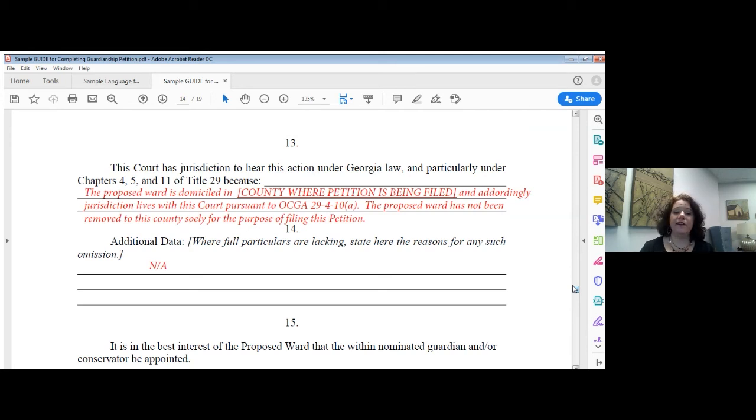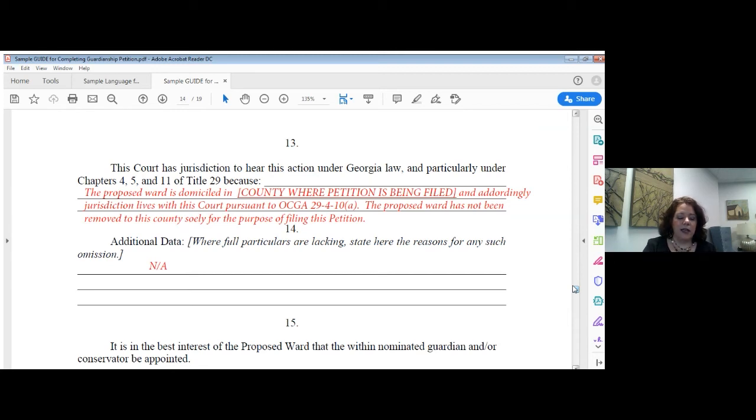Section 14, if there's any additional data that is lacking, then you can just put that information there. I would say probably the most common thing that I list there is, because you notice back when we were talking about who had to be notified, their biological parents do have to be notified. If there is an absentee biological parent, that's probably the most common thing that I put in this section.